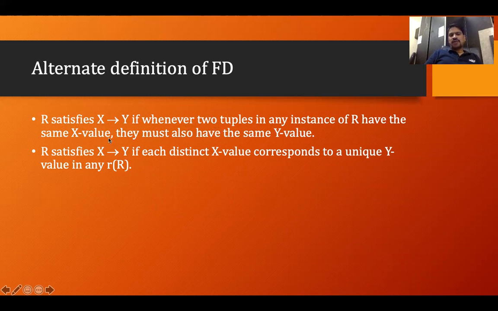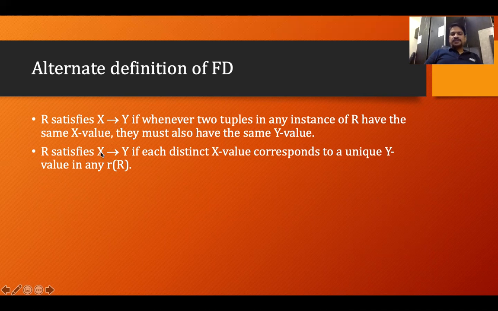It says that if you are talking about X determines Y, and you have one instance of X, which is let's say the roll number, then we have the name. At a particular time, if I got the same roll number, I should have the same name. So that is the meaning of this particular sentence.